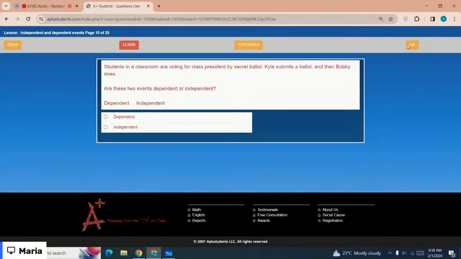Okay, the next one is students in a classroom are voting for the class president by secret ballot. Kelly submits a ballot and then Bobby does. Are these two events independent or dependent?